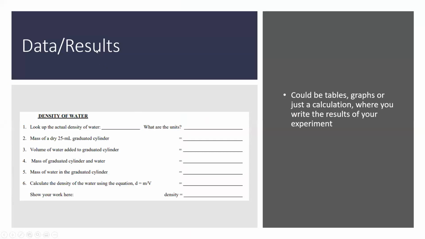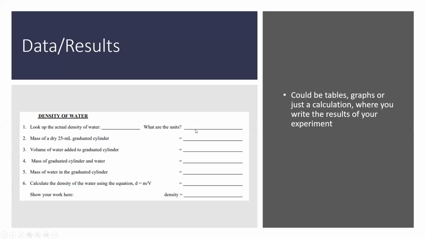The data result. In your case, you are going to watch videos where the experiments were made by the professor, then you have to stop the video and write the results of the measurements or observations made during the experiment.